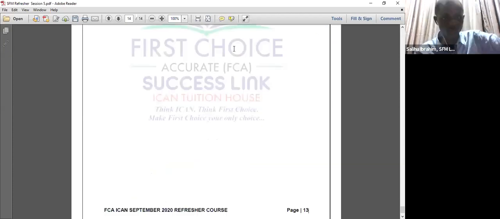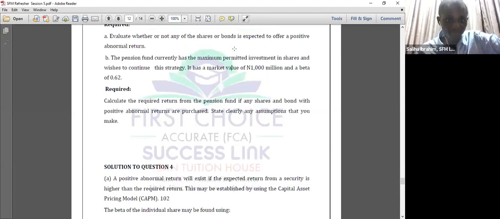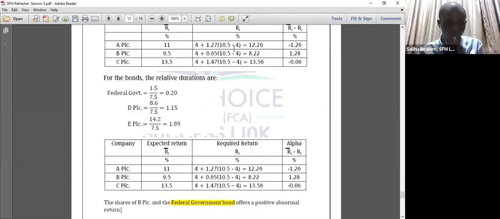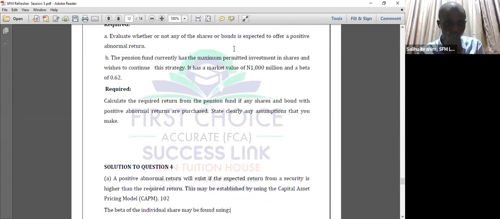Now, B, what is B asking us to do? Okay. B, the pension fund currently has the maximum permitted investment in shares and wishes to continue this strategy.